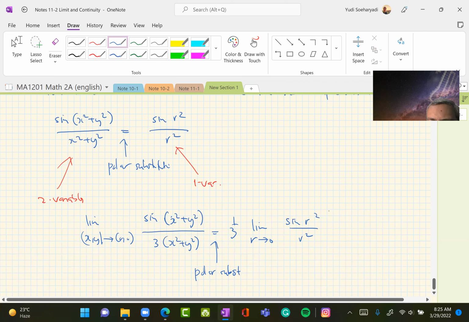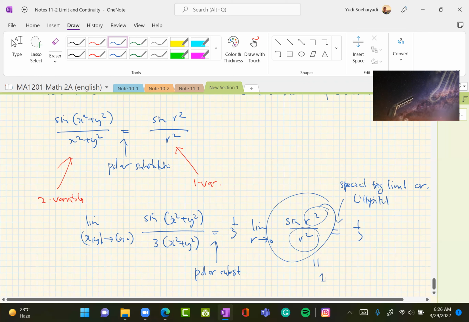Because the angle is the same as this one, we know this is a special trigonometric limit, or you can use L'Hopital. So you get the answer because this limit is 1.